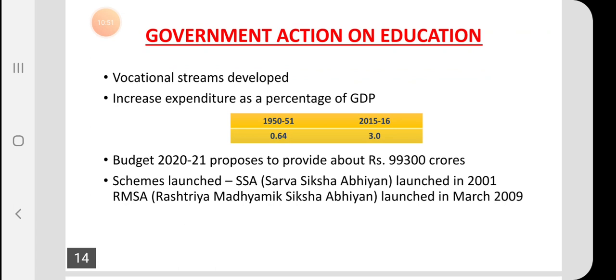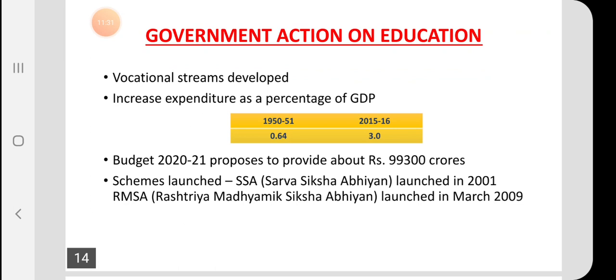In 1950-51, 0.64% of GDP was spent on the educational sector, and in 2015-16 it went up to 3% of GDP. See, GDP, gross domestic product. What is gross domestic product? Gross domestic product is the sum of values of all final goods and services which are produced within the economy in 1 year.